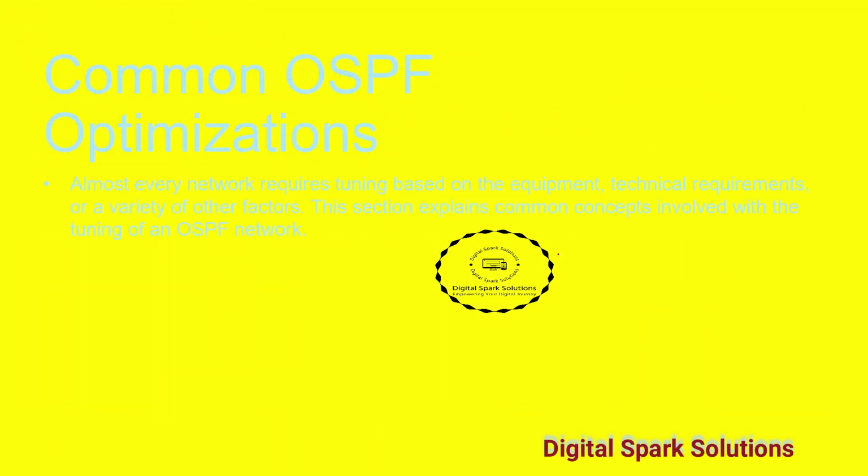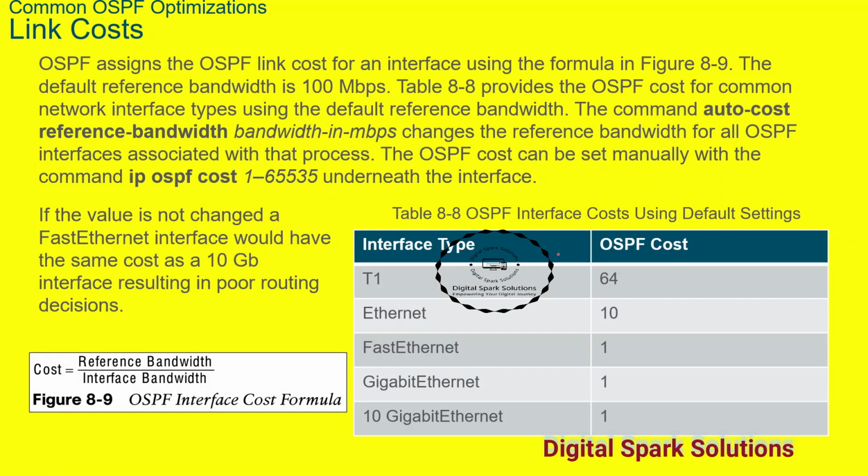Common OSPF optimization. Almost every network requires tuning based on the equipment, technical requirements, or a variety of other factors. In this section, we explain common concepts involved with the tuning of an OSPF network. Link cost.